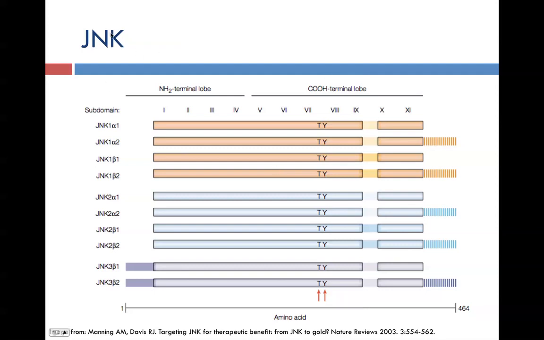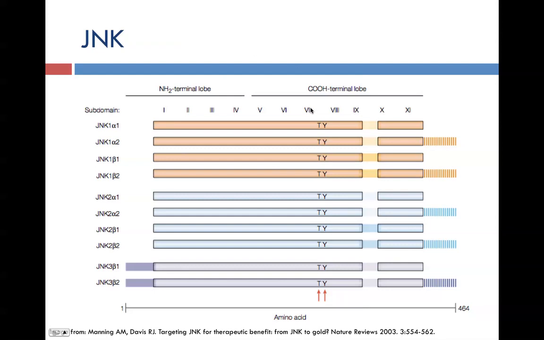So JNK is an example of a MAPK, whereas a MAP2K would be a kinase of the MAPK, and a MAP3K would be a kinase of JNK or other MAPKs. So hopefully that makes a little bit more sense. A MAP3K or an MKKK is going to phosphorylate an MKK, which will phosphorylate a MAPK such as JNK. Just to get rid of any discrepancies right off the bat.